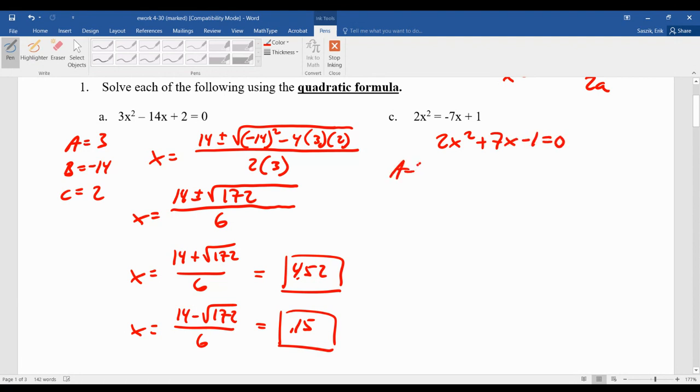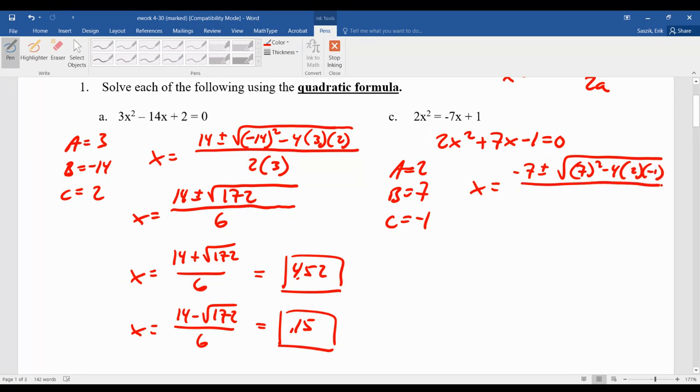Now we can write down our a, b, and c. So x equals opposite b plus or minus square root b squared minus 4 times a times c all over 2 times a.